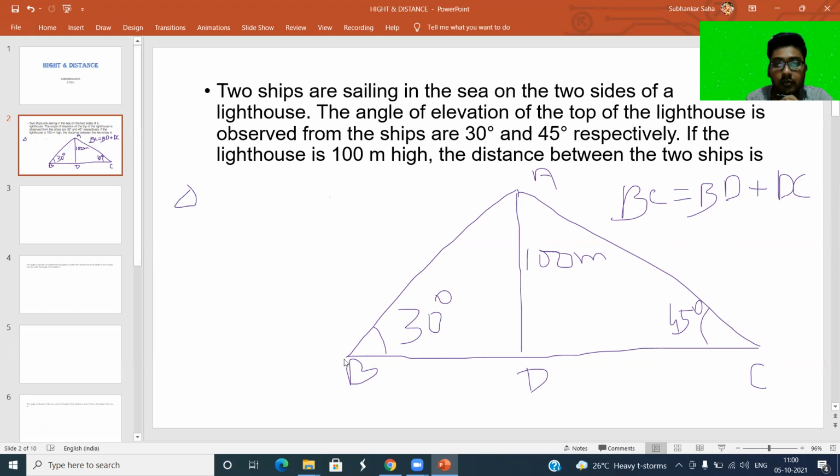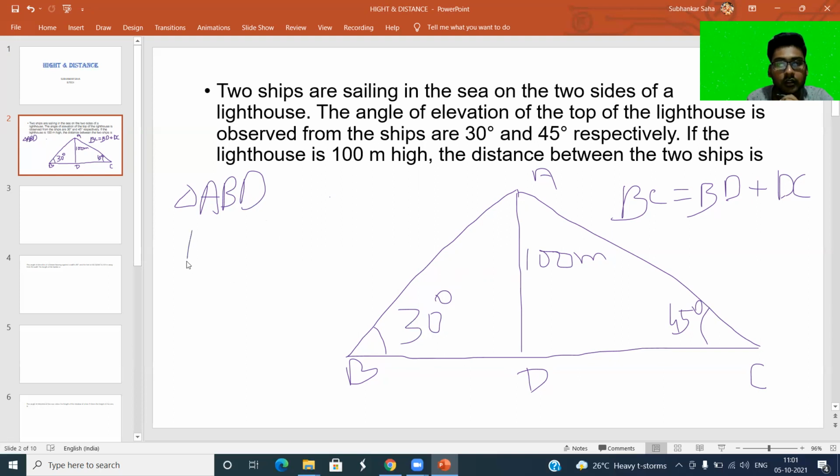In this triangle ABD, this angle faces this side, it is the height, and it is the base.